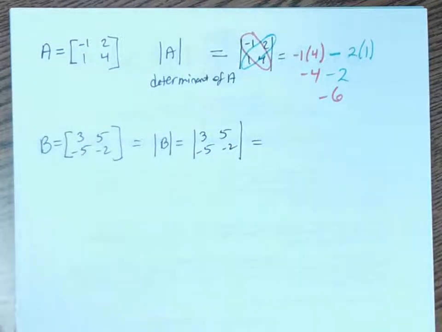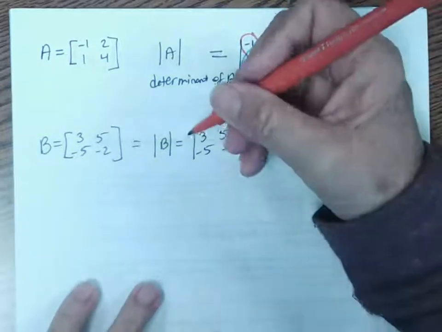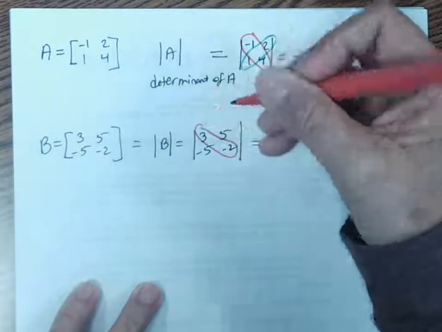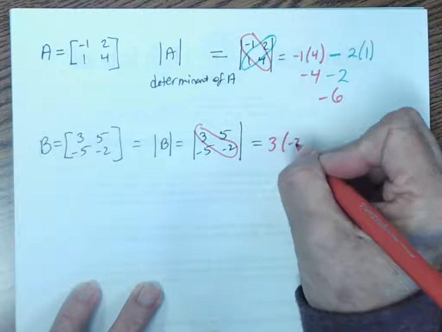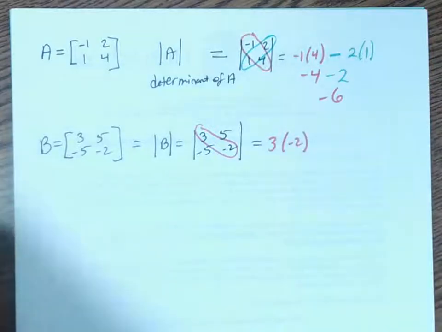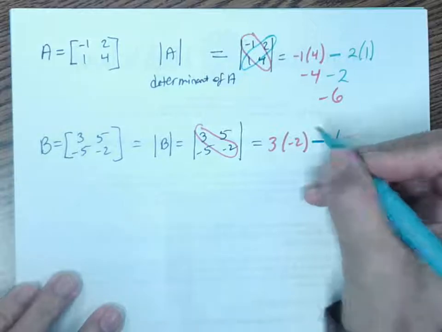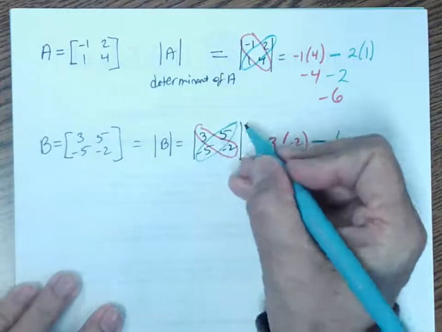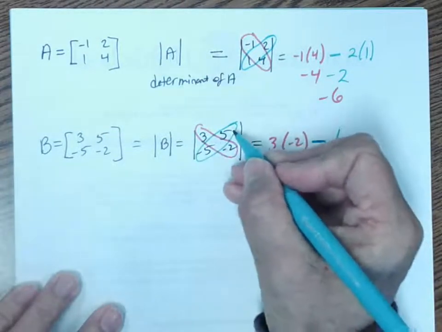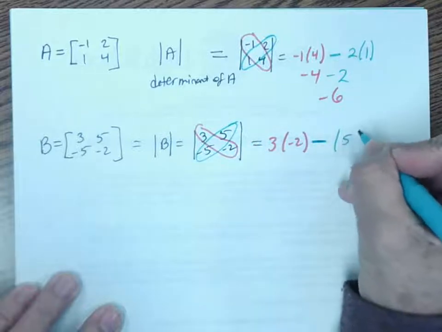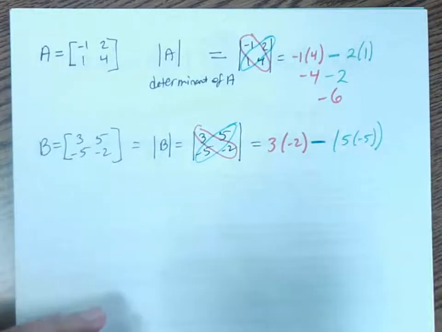And to find the determinant, we multiply starting from the top left to the bottom right. So that's 3 times -2. And we subtract, make sure you don't forget that we subtract, going in the opposite order. So top right times bottom left. So 5 times -5.